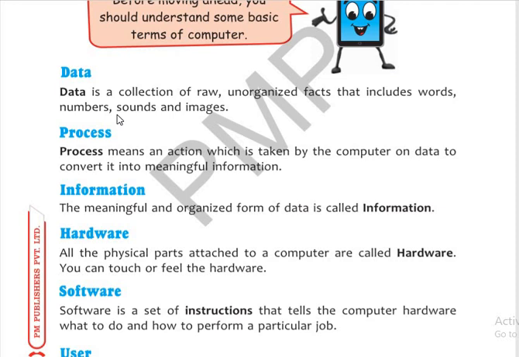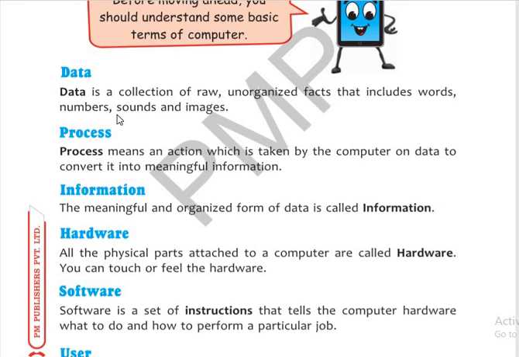And the third thing, information. The meaningful and organized form of data is called information. As in the example, 1 2 3 is just a number, but when I add roll number, it makes meaningful information.